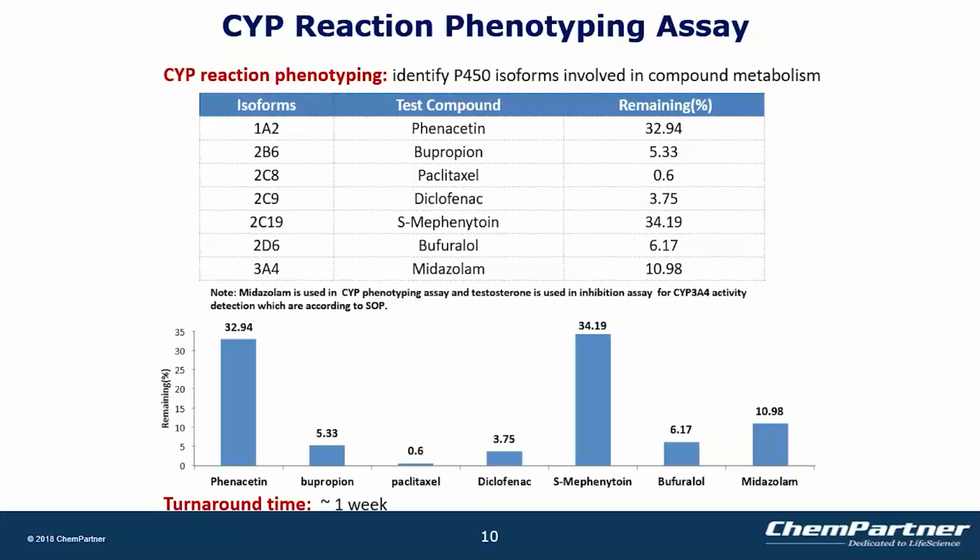So the phenotyping assays we can generate for you in about one week. All these assay results can be part of a submission because, as I mentioned, our assays are compliant with the FDA guidance.